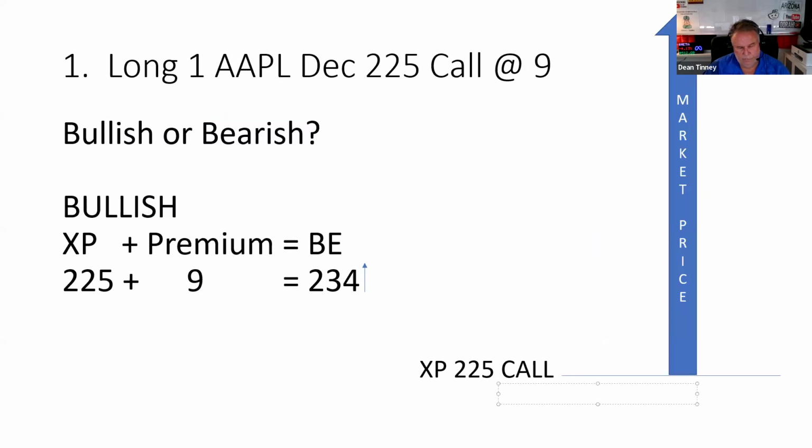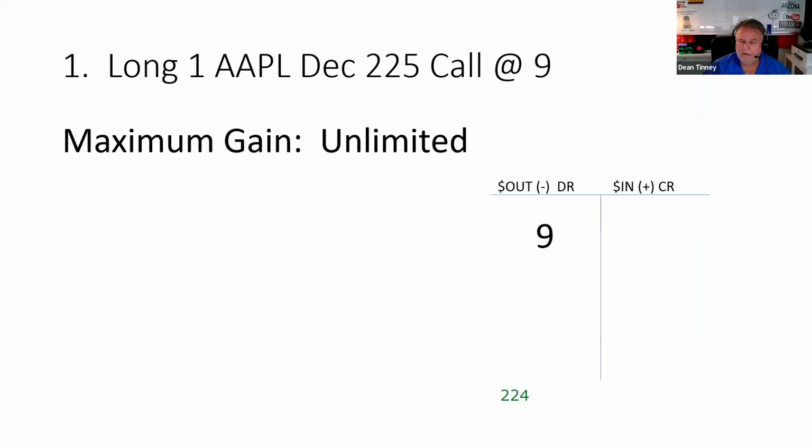Apple is at 224. I'm under no obligation to tell you what happened to a 225 call at expiration if the stock is 225 or lower. You should know that if it's a 225 call and Apple or the stock is at the strike price or lower, what is going to happen to this option contract? It's going to expire.